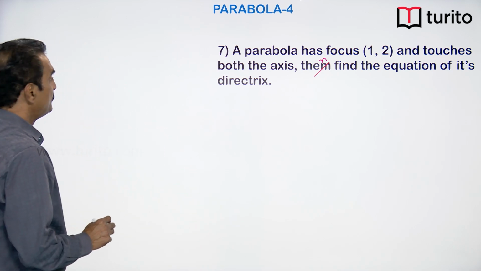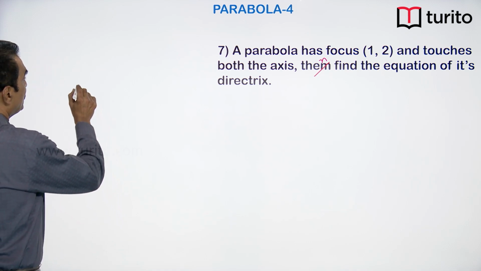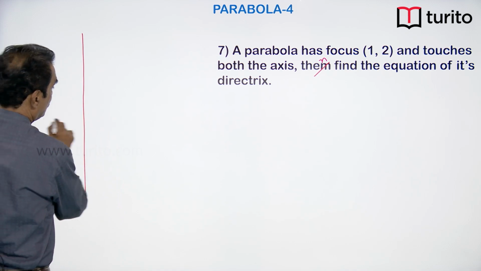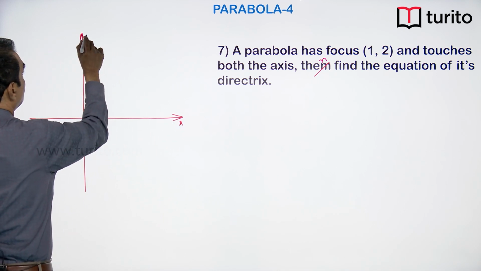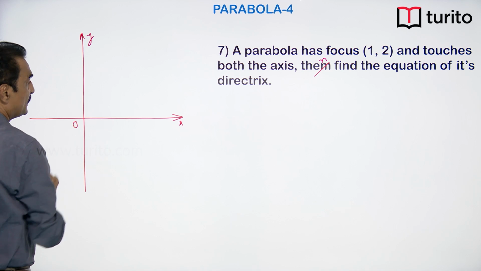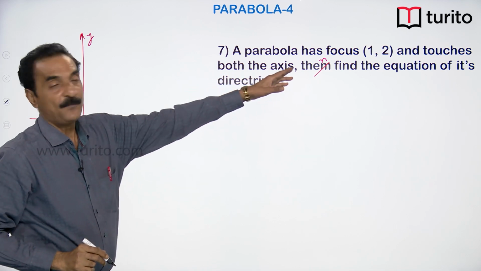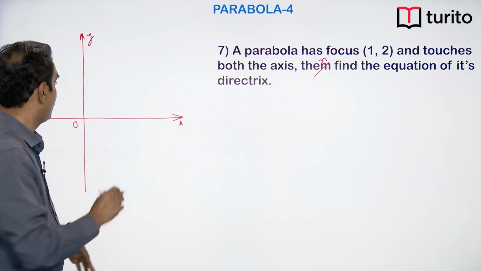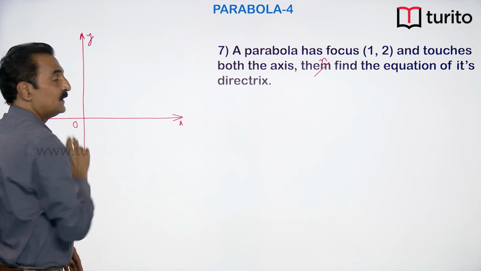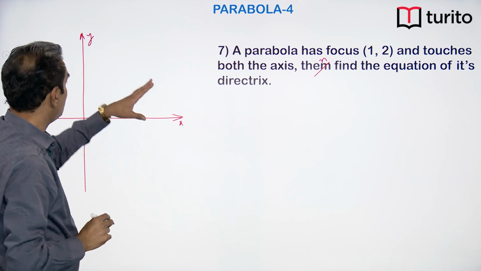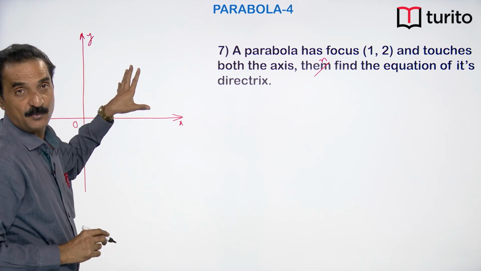Let us draw the curve. This given focus is in first quadrant, 1, 2 will be somewhere here. So, I am going to take the parabola in first quadrant touching both the axes.